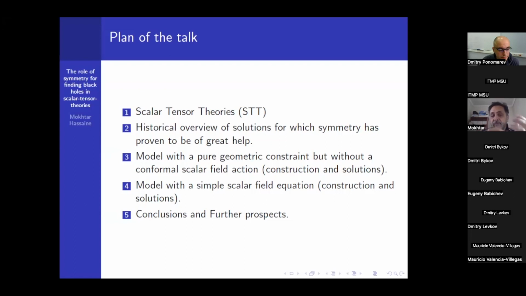I will present the construction of the model and the very nice solution that I would like to talk about. This is work that I have done with my collaborators, Yevgeny Babichev, Christos Charmousis, and Nicolas Lecoeur. And then in the last part, I will conclude and give some further prospects.